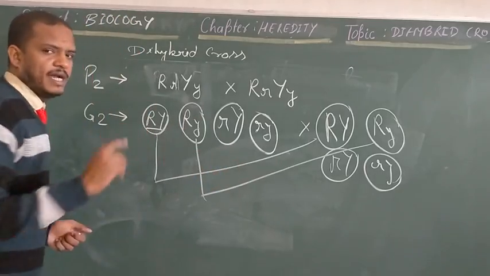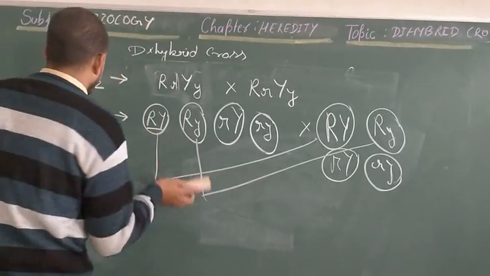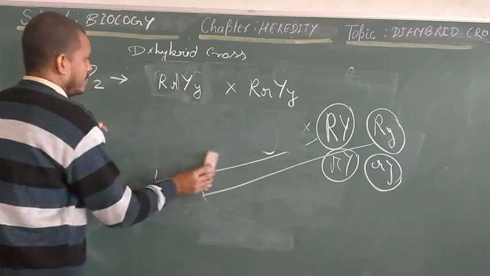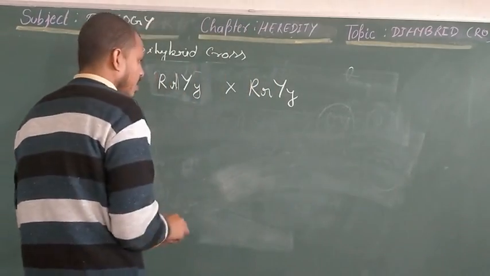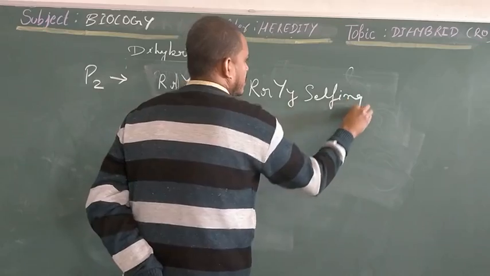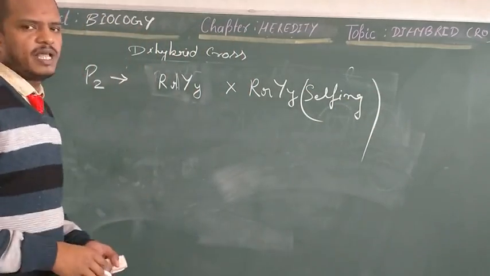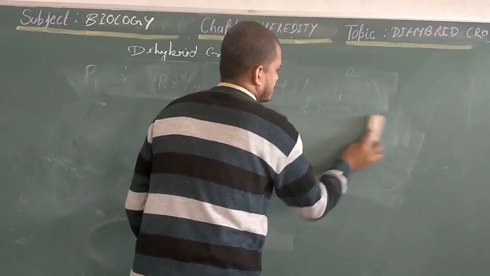So in the columns we will use the gametes on selfing. Okay, this is selfing. When we make a cross among the individuals of the F1 generation, that is known as selfing. So now we will draw the Punnett square.